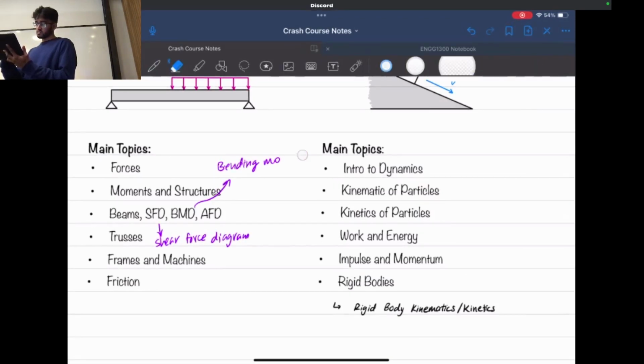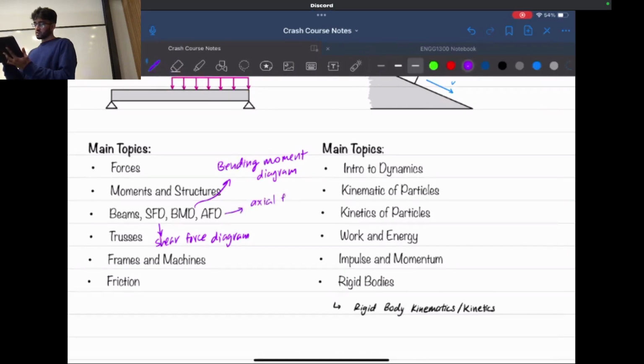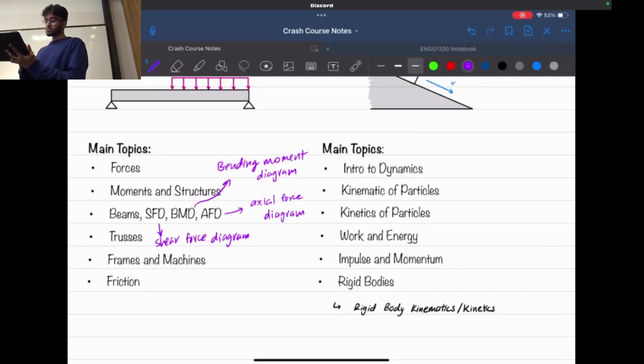And AFD is axial force diagram. AFD comes up really rarely, so it doesn't come up in the course much, so don't worry about that. Trusses, which is a pretty big topic. Frames and machines, and friction.